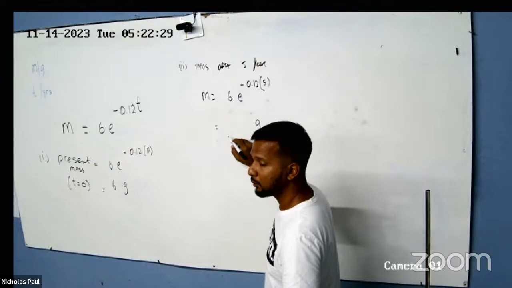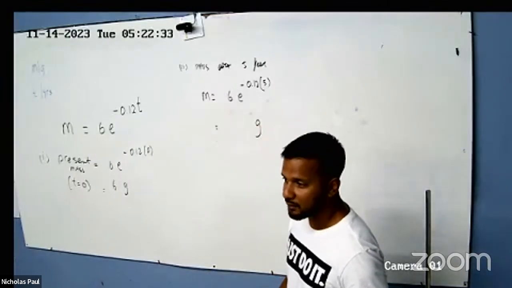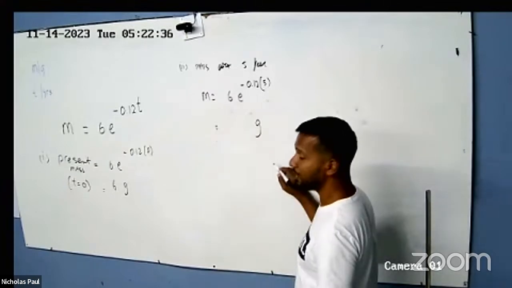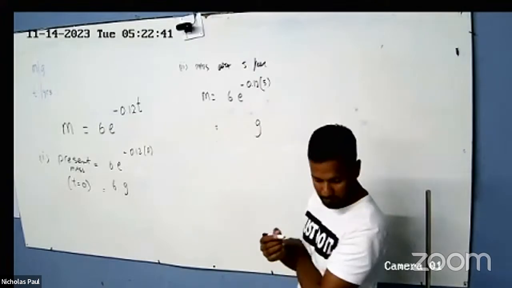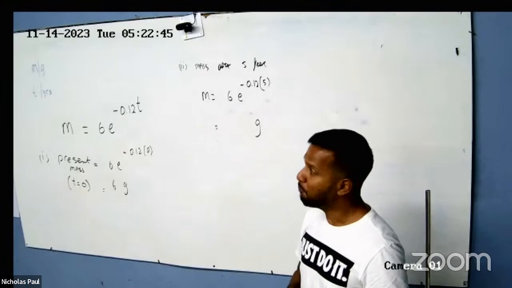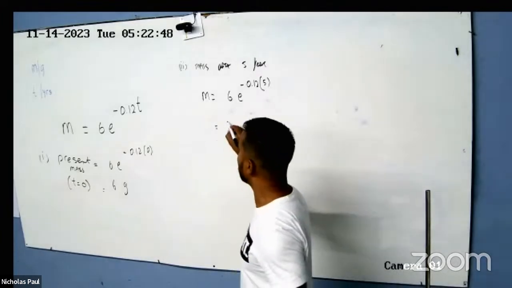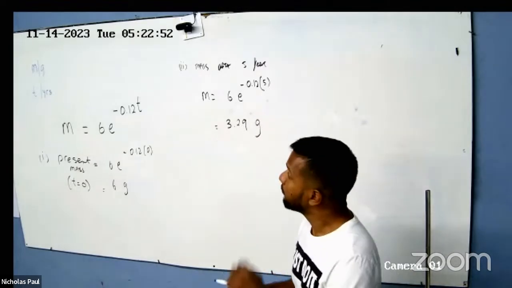Use your calculator. Just look for e: 6 multiplied by e to the minus 0.6. See e, and put the power on top. You get 3.29.